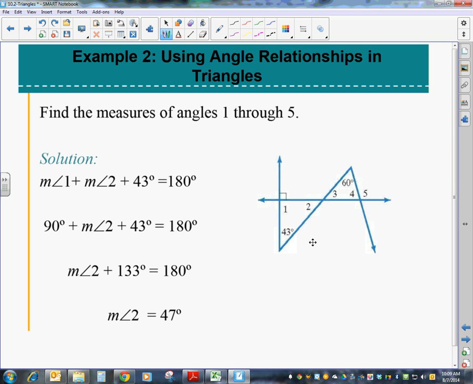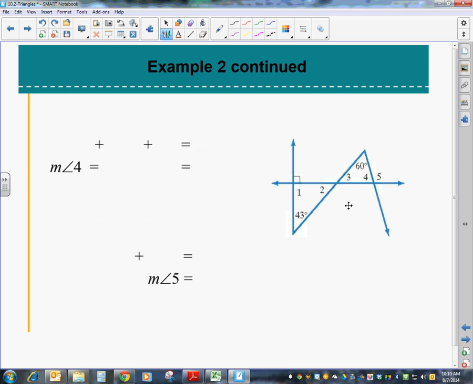Okay, now going back, we have another triangle, same picture. We're still trying to find the rest. This one, we just figured out that angle 2 was 47, so I can go ahead and write that in for you. That's 47 degrees. Angle 3 is 47 degrees also because it's a vertical angle. The measure of angle 4 and then 60 all add up to 180.